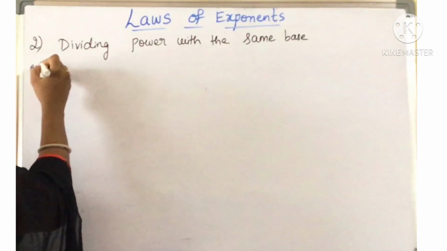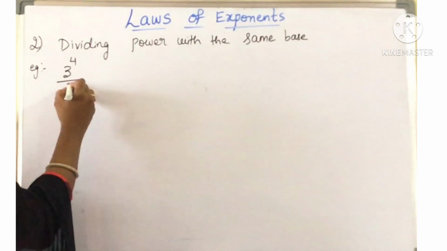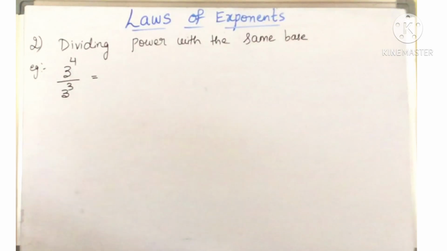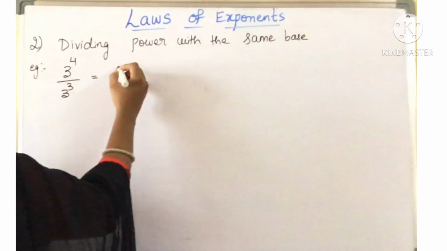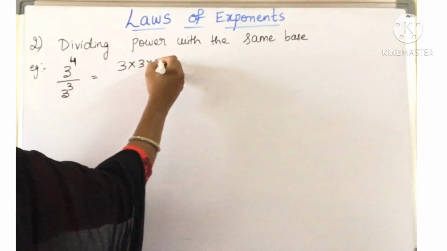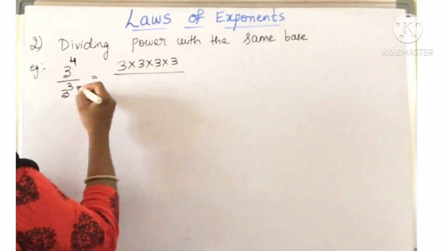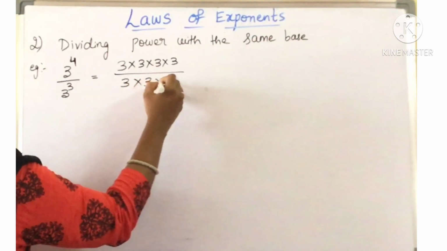Here I will take one example, 3 to the power of 4 by 3 to the power of 3. You expand this: 3 multiplied 4 times, 3 into 3 into 3 into 3, and by 3 multiplied 3 times, 3 into 3 into 3.